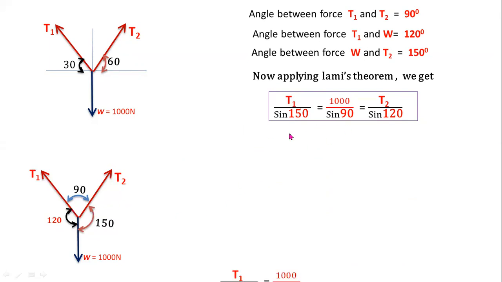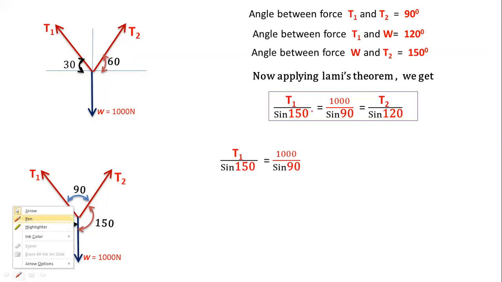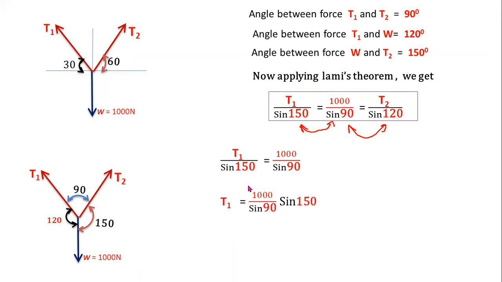From this equation, first you have to consider these two equations. After that, you have to consider these two equations. Here I consider these two equations as they are. Now apply cross multiplication.